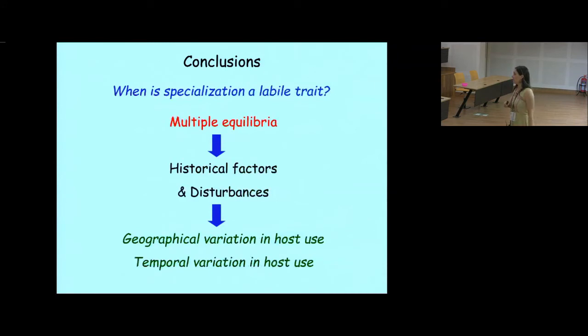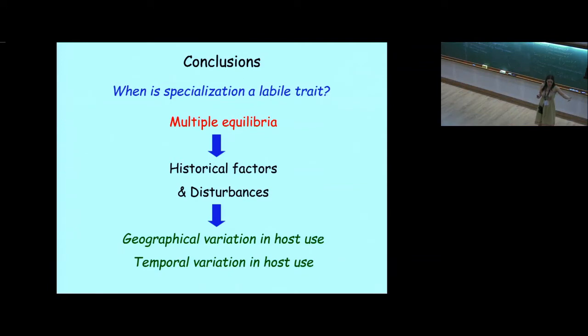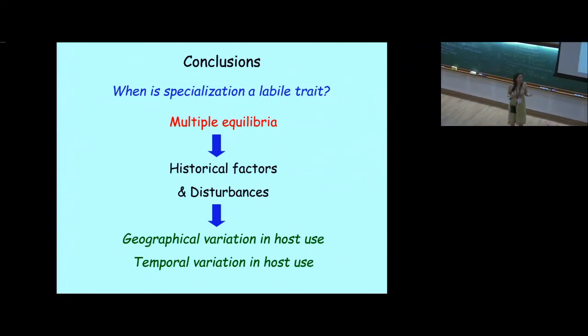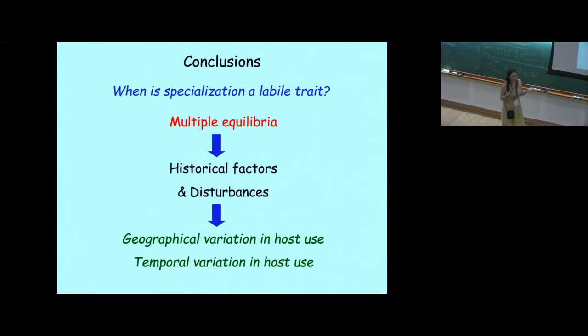What I found more interesting about this work was the description of multiple equilibria, which was not really described in the literature before. It shows that specialization can be a very conserved trait, because you can be locked in a state of maladaptation, and it would be very difficult to evolve a broader niche even if you had the opportunity. And it could also be a very labile trait, because historical factors and disturbances can create very rapid shifts in niche breadth when you are in the range of parameters allowing those multiple equilibria to exist.